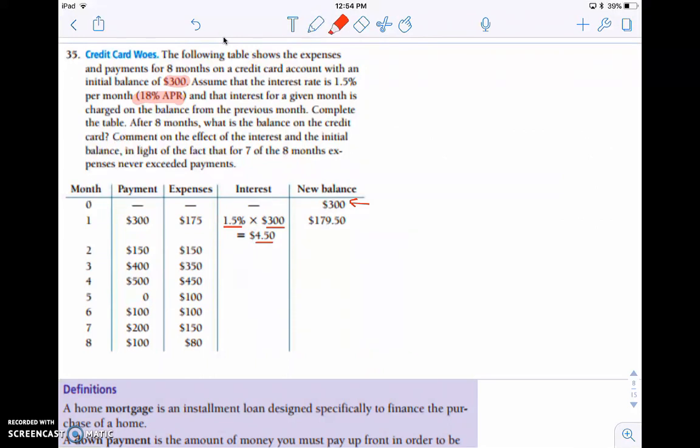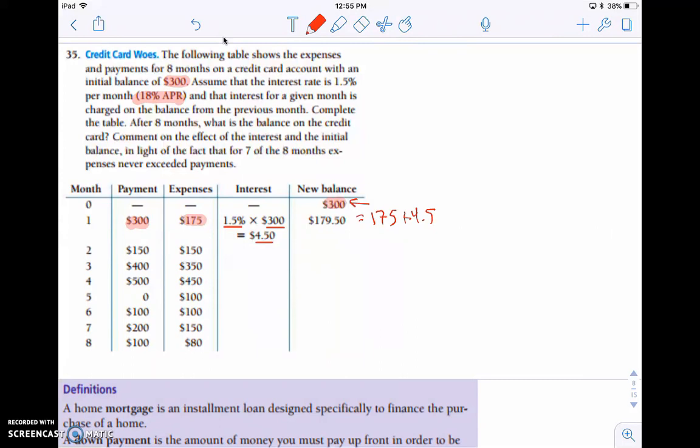We had a $300 balance, so that's where our interest is charged off. We paid $350, but then we charged $175. So we actually zeroed out the balance with our payment, but then we charged $175, and then you have to add on the interest. That's where $179.50 is coming from.